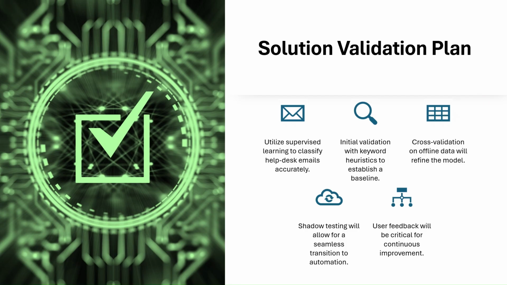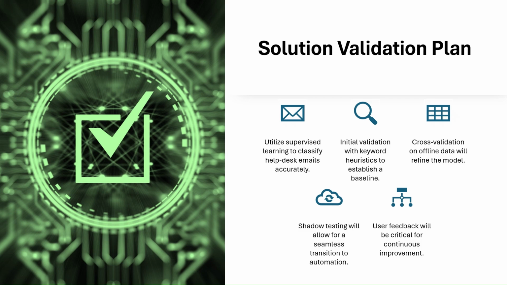Let's try to understand the solution validation plan. The solution we propose to build uses supervised machine learning for classification of help desk emails. We want to make sure the classification is accurate. We will use precision, recall, and accuracy or any other relevant metrics to validate the business use case.